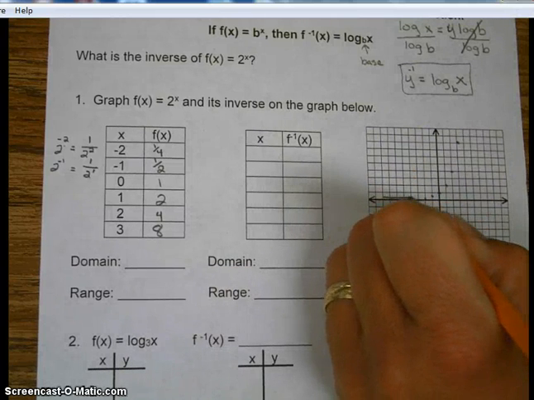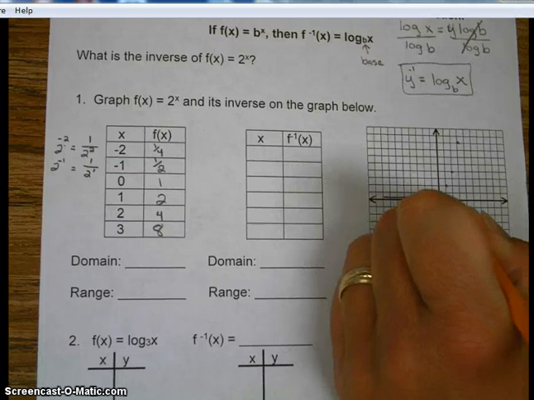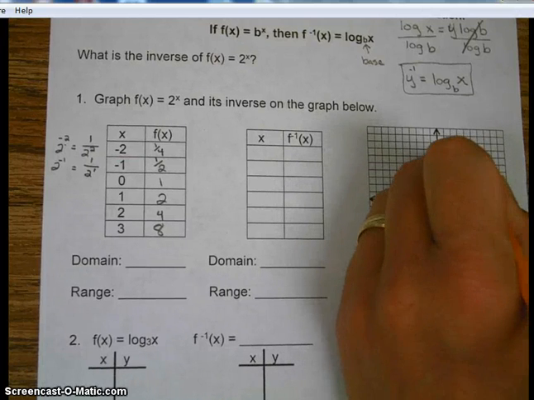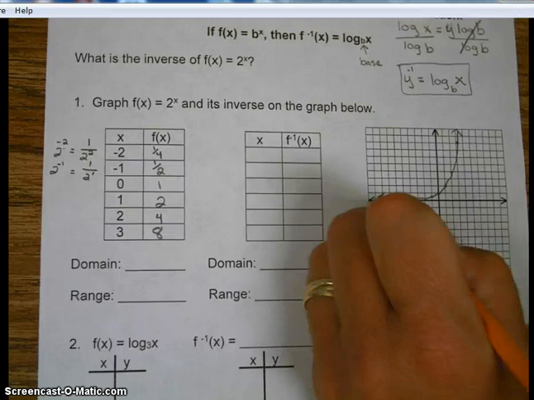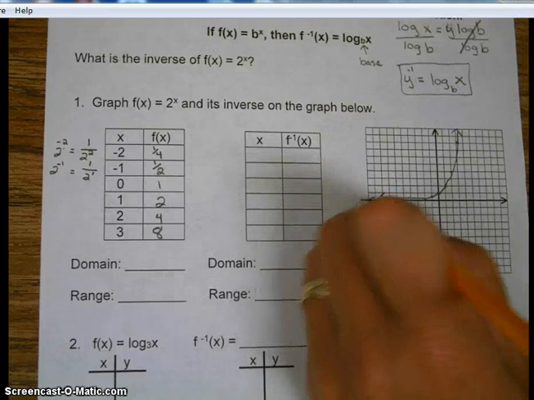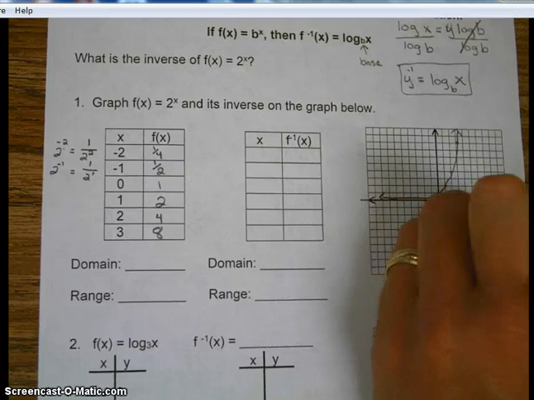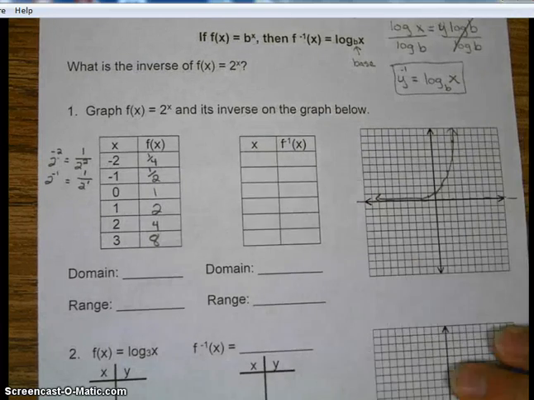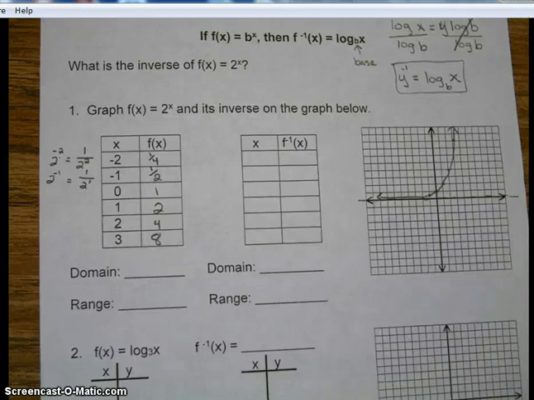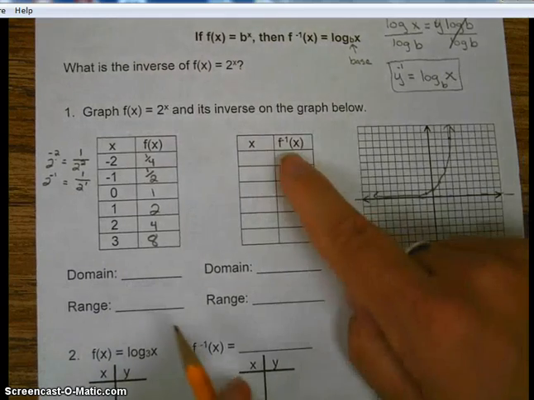Alright, here's our exponential function, 2 to the x power. And don't forget, we do have a horizontal asymptote here for that one. Okay, now I'm going to look at the inverse.